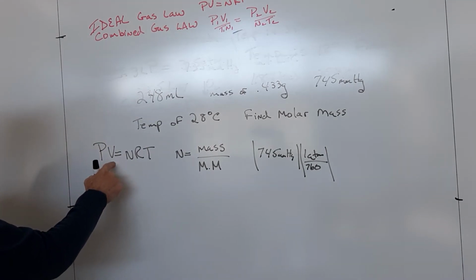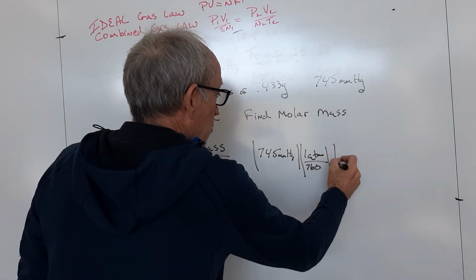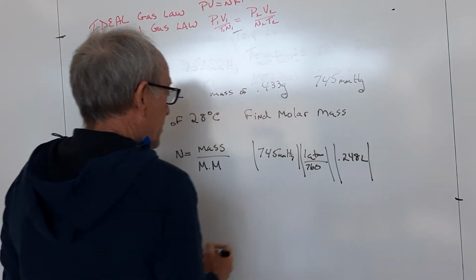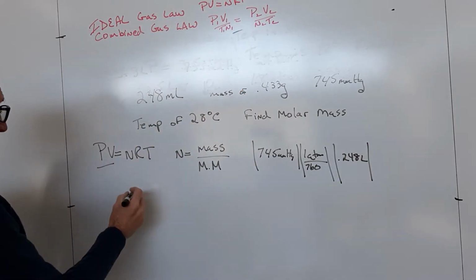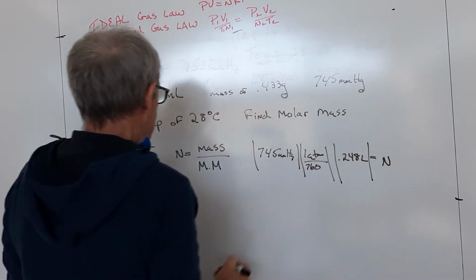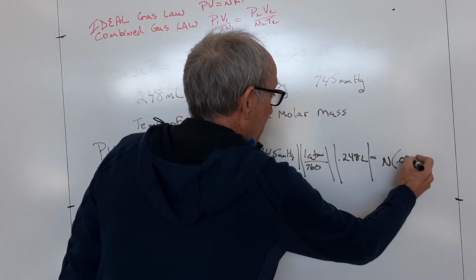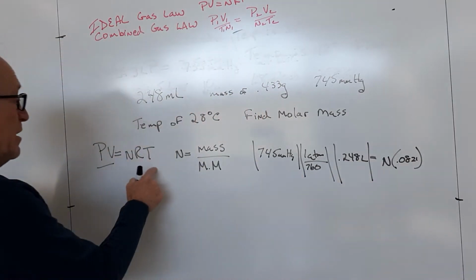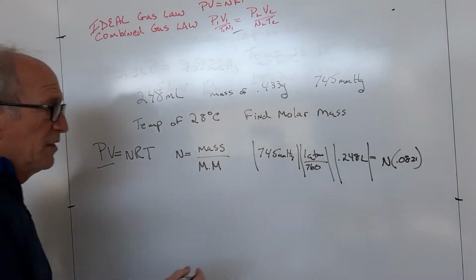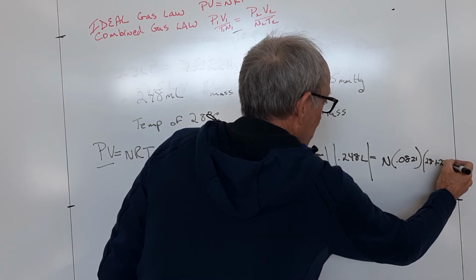My volume is 248 milliliters, so I have to make that 0.248 liters. It has to be liters. Okay, that's my PV. Now, that's going to be equal to n times R, which is 0.0821, times temperature, which is 28 plus 273.